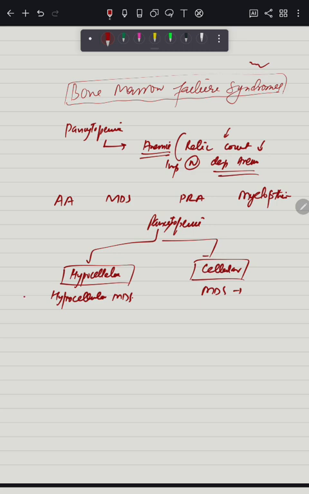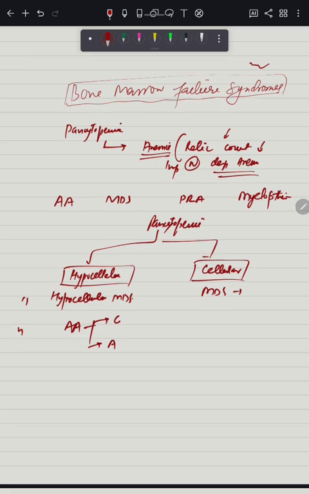Another example is aplastic anemia. Now see, aplastic anemia can be constitutional or acquired, and the most common cause of aplastic anemia is idiopathic. The inherited causes of aplastic anemia are Fanconi syndrome and dyskeratosis congenita.